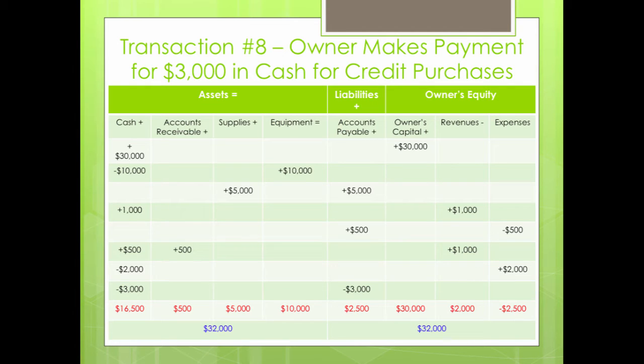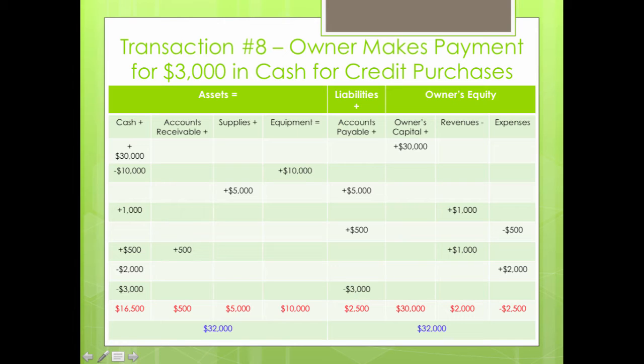And the owner wants to pay off $3,000 out of that $5,500 that it owes. So we record this under accounts payable as minus $3,000.